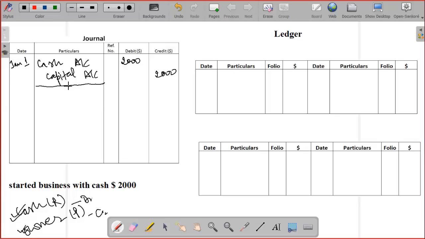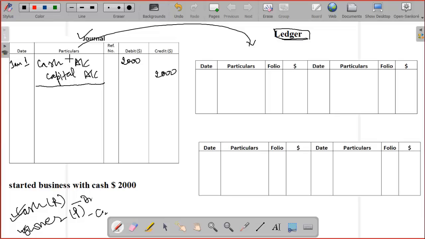Now see, after passing this entry, see what we will do in the ledger in a different account. So the journal is the first book, and we recorded this transaction in the journal. Now in the ledger we will transfer this transaction from the journal to the ledger. Getting my point?